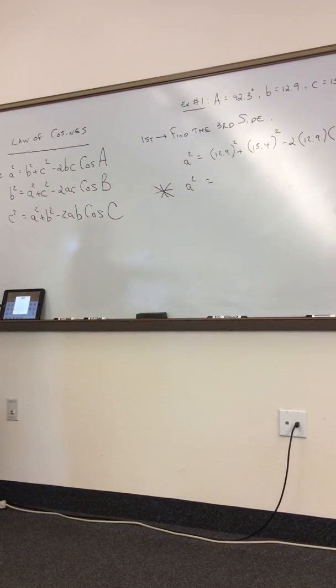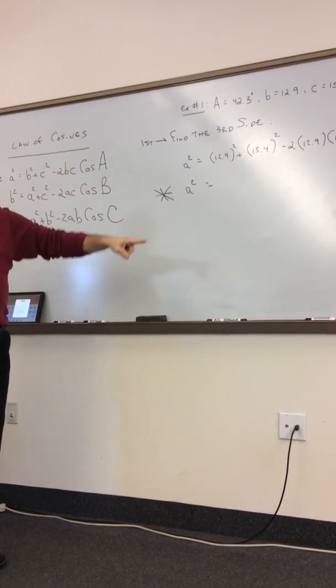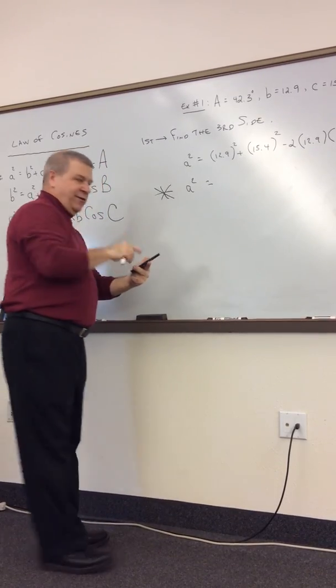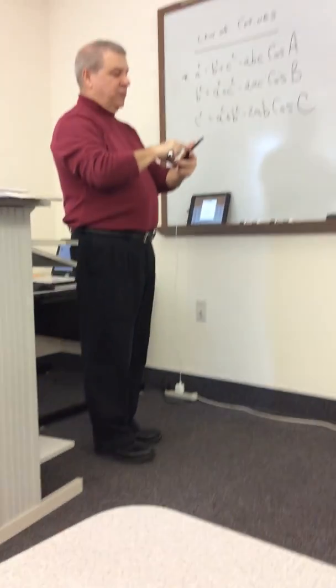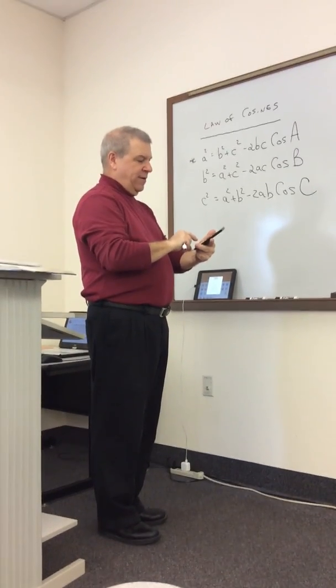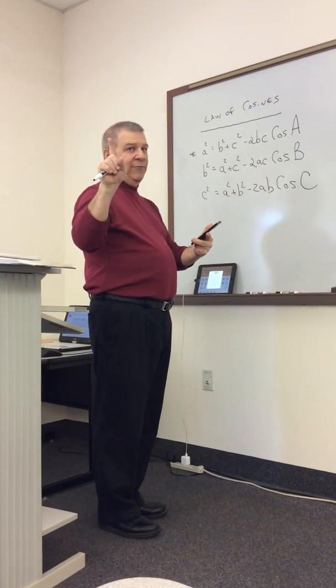You all got different calculators, so make sure you're doing this correctly. You're going to enter 12.9, and then you should have a square button on there, squared, plus 15.4, square that, and then hit equals.